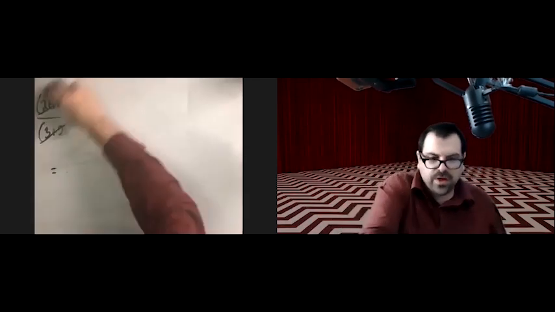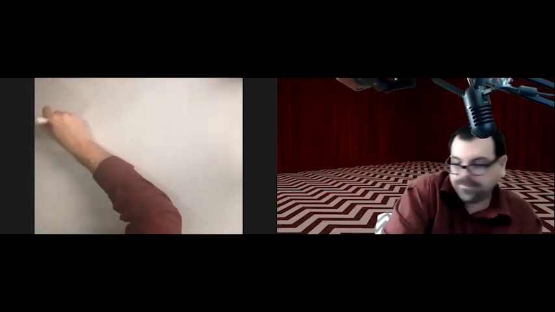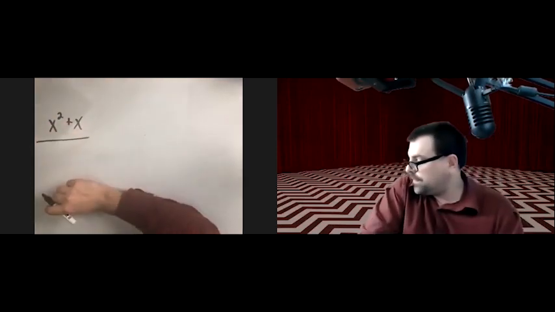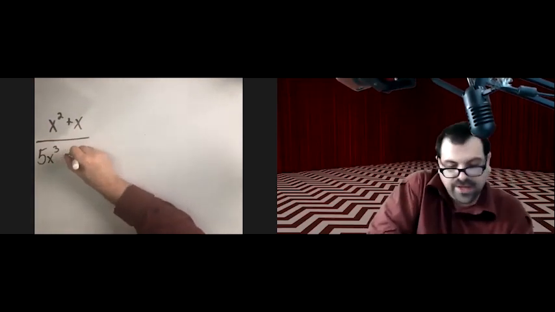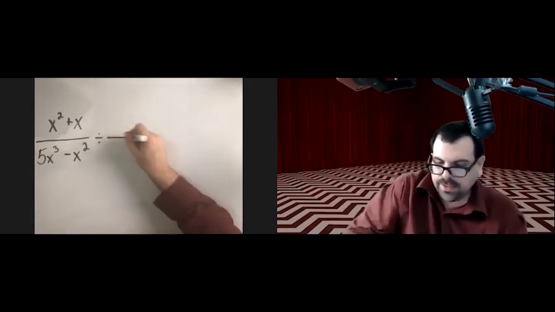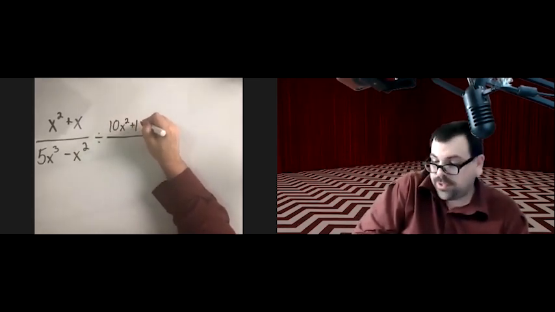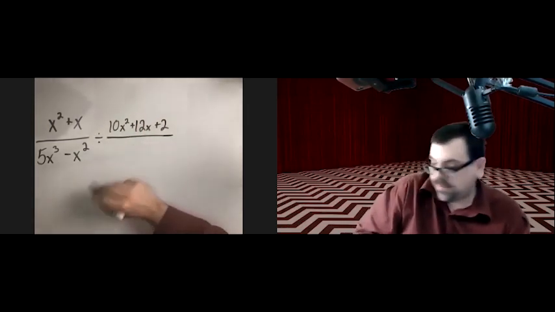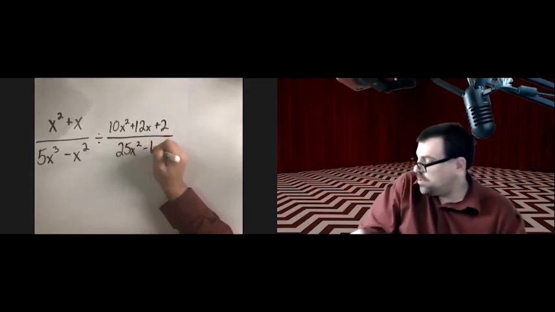Let's do another division problem. X squared plus x over 5x cubed minus x squared divided by 10x squared plus 12x plus 2 over 25x squared minus 1.